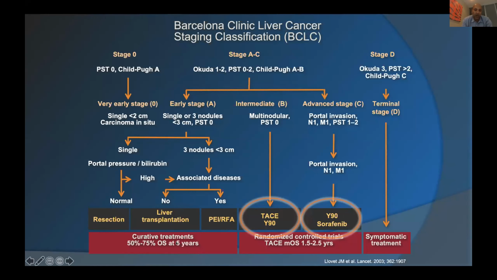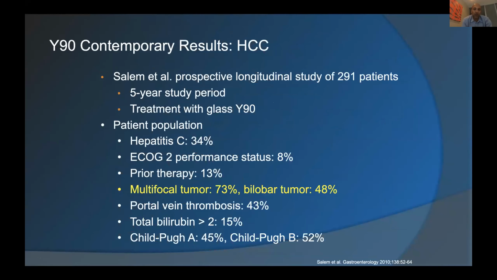And that left side of the chart has been relatively stable, although admittedly RFA has been largely replaced by microwave, and those are what's considered quote unquote curative treatments. And you'll notice in the red bar, that's 50 to 75% overall survival at 5 years, something to keep in mind.